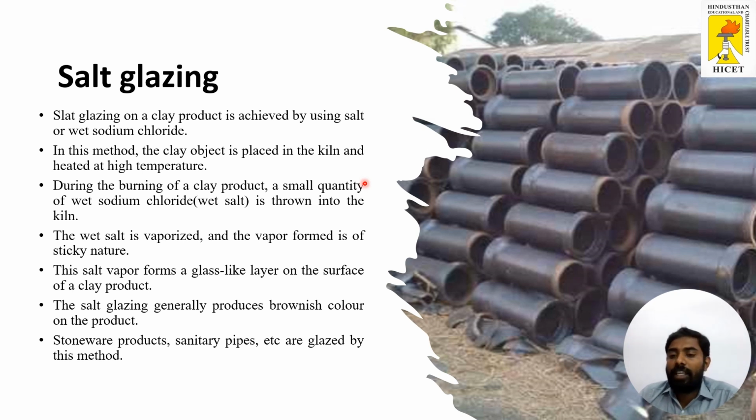During the burning of the clay, a small quantity of wet sodium chloride, wet salt, is thrown into the kiln, and the wet salt is vaporized, and the vapor formed is of a sticky nature. The salt vapor forms a glass-like layer on the surface of the clay product, and salt glazing generally produces a brownish color on the product. Stoneware products, sanitary pipes, etc. are glazed by this method.